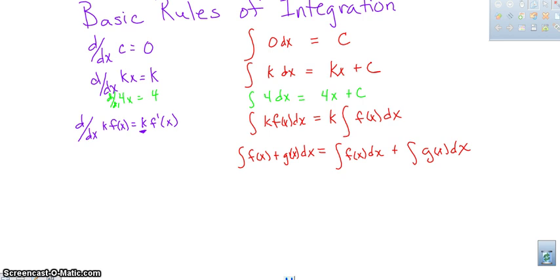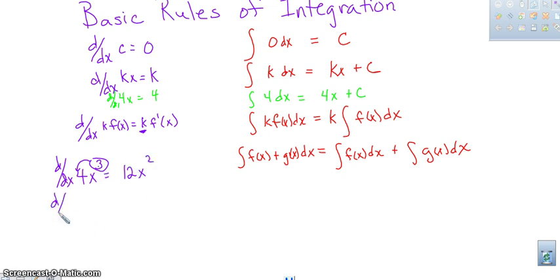This next one, I'm going to go back to differentiation for a second. If you have 4x cubed and you take the derivative of that, you moved the 3 in front, right? So you had 3 times 4, so 12, and then you subtract 1: 3 minus 1 is 2.